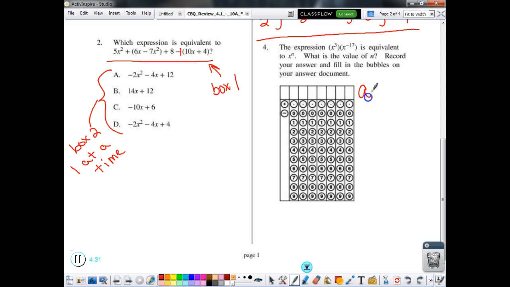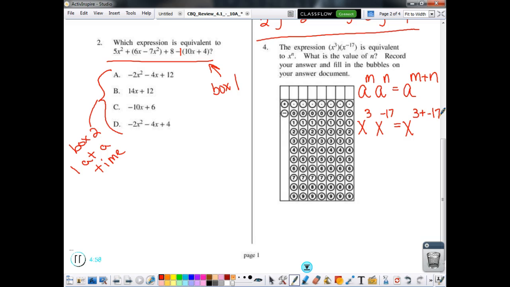So a to the m times a to the n equals a to the m plus n. Right? So here I have x to the 3rd times x to the negative 17. So that's going to equal x to the 3 plus negative 17.